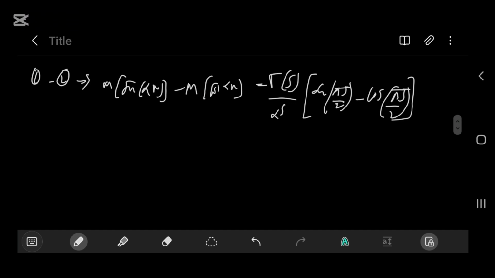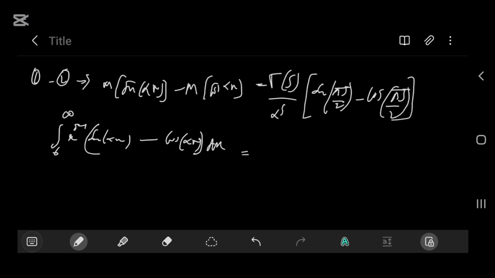We know the Mellin transform is just the integral from 0 to infinity of x to the power s minus 1 sine alpha x, and let's take this as common. So we are finally left with the integral we have here, whose answer is the same as follows.